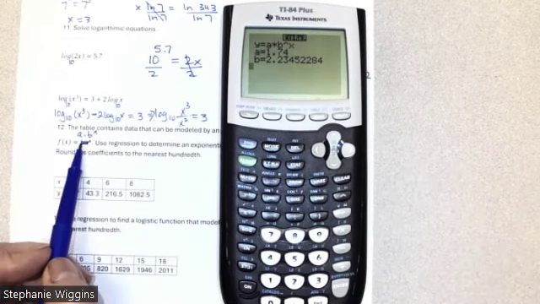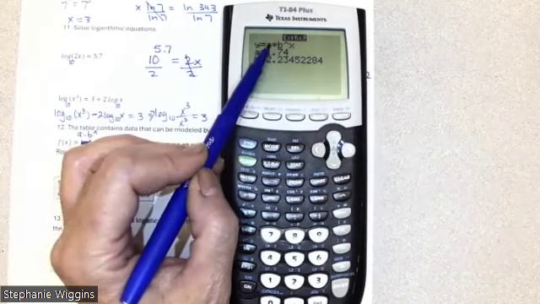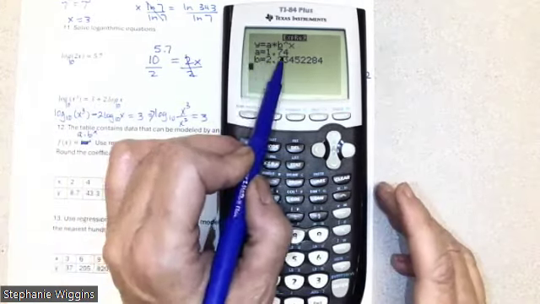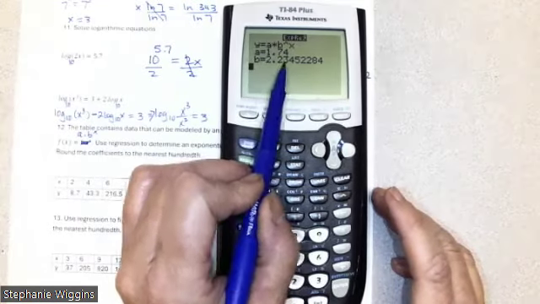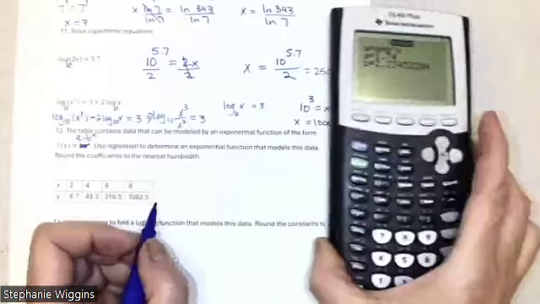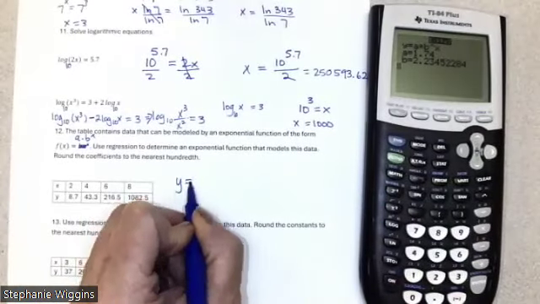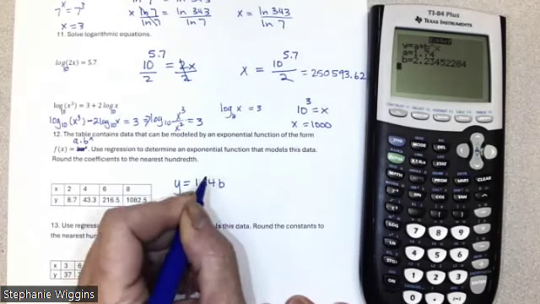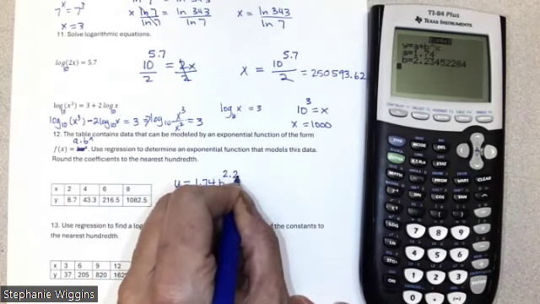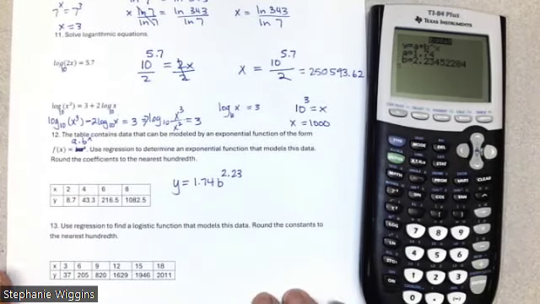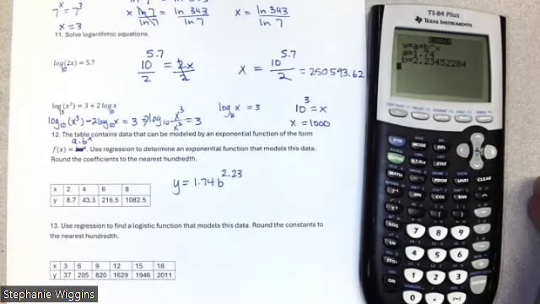And like I said, the worksheet had a typo on there. So this is a times b to the power of x, where a is 1.74 and b is 2.23 if I round it to the hundredths place. So my model is y equals 1.74 times 2.23 to the x. There's my exponential model for this data.